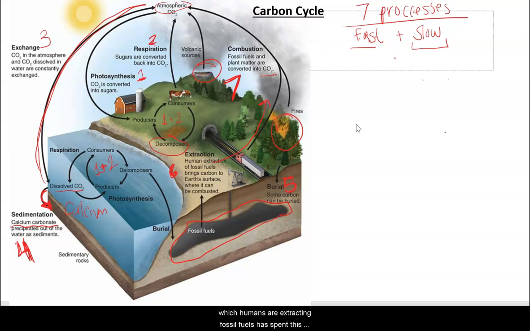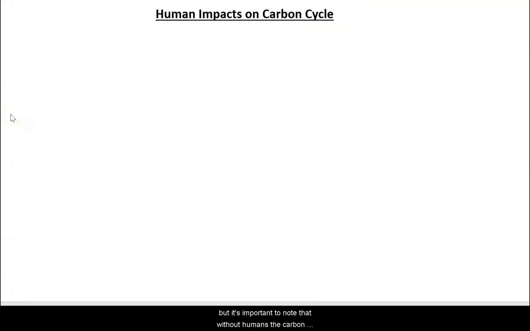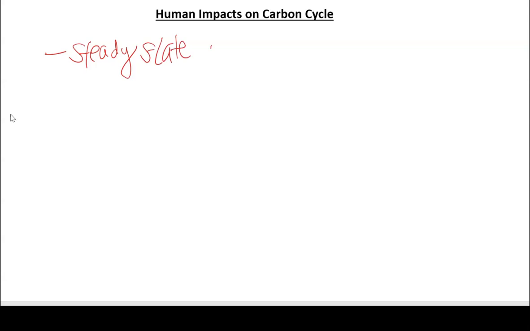But the rate at which humans are extracting fossil fuels has sped this process of carbon dioxide being added to the atmosphere up by quite a bit on the carbon cycle. But it's important to note that without humans, the carbon cycle would be in a steady state. There would be equal amounts of carbon moving in and out of each cycle, and we wouldn't have any issues without humans.